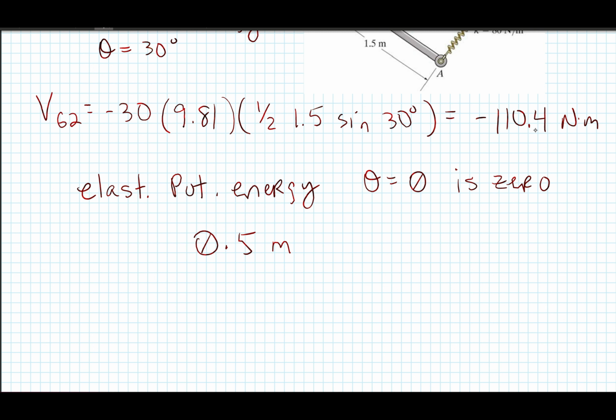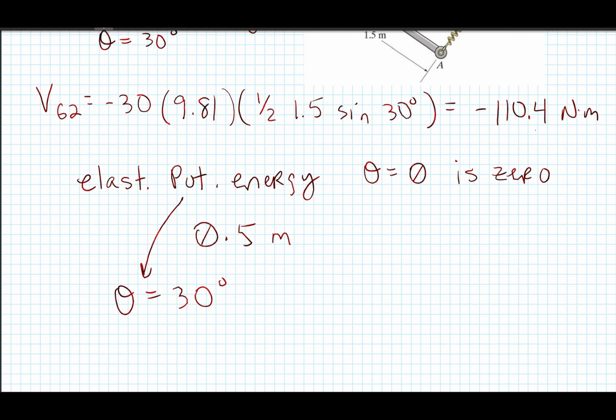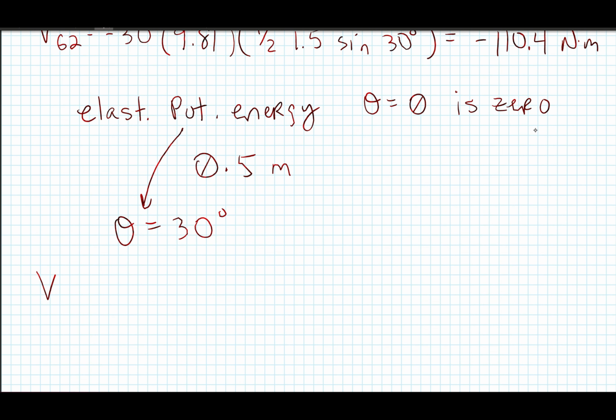The elastic potential energy at theta equaling 30 degrees will be V sub E2.